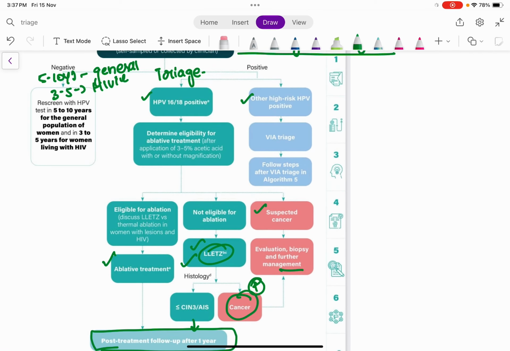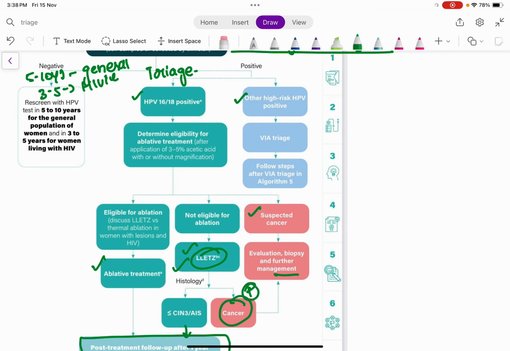Clear? But if the HPV genotyping TRIAGE test comes out to be any subtypes other than HPV 16 and 18, you have to follow up with the VIA triage, visual inspection with acetic acid triage.